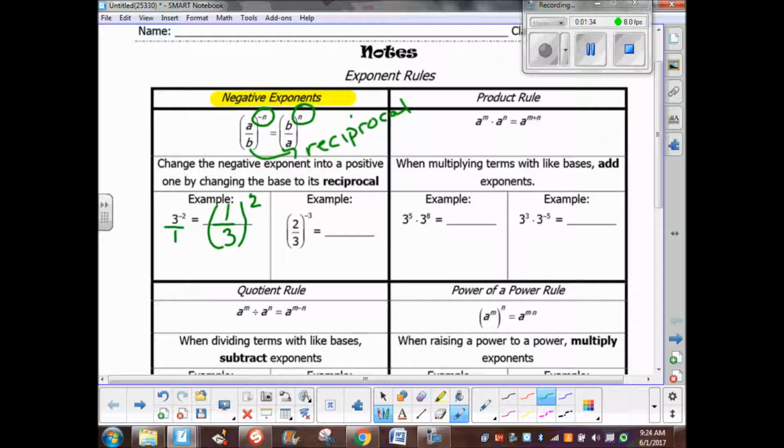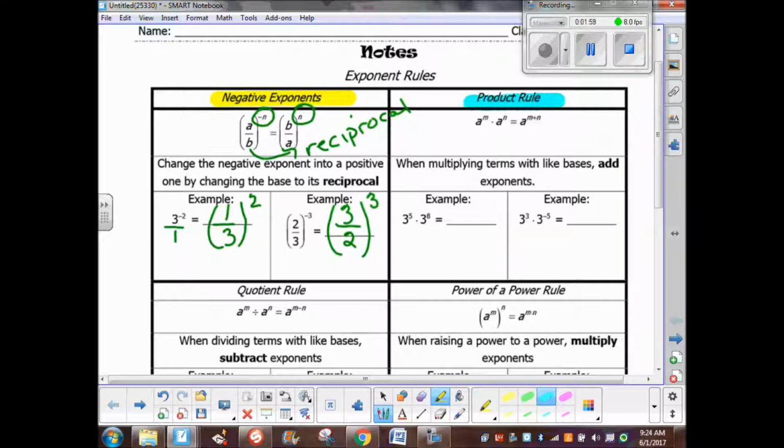Claire? 3 over 2 to the positive 3. You flip it, change the sign of the exponent. Kate, why did you put the first one in parentheses if there aren't parentheses? Because we want to make sure that the whole fraction is being raised to the second power. Good question.